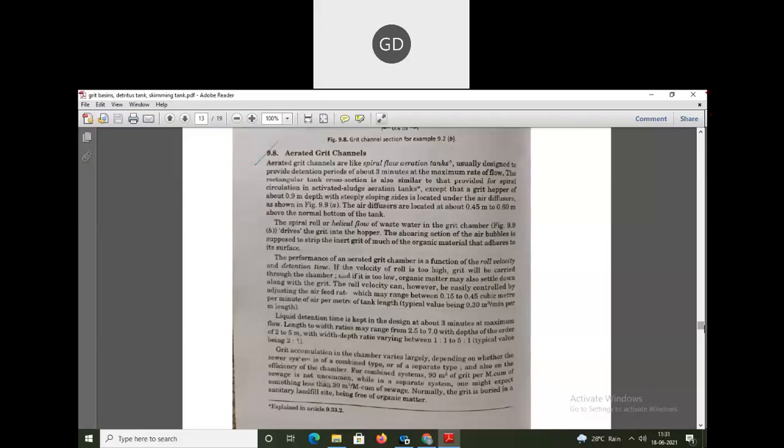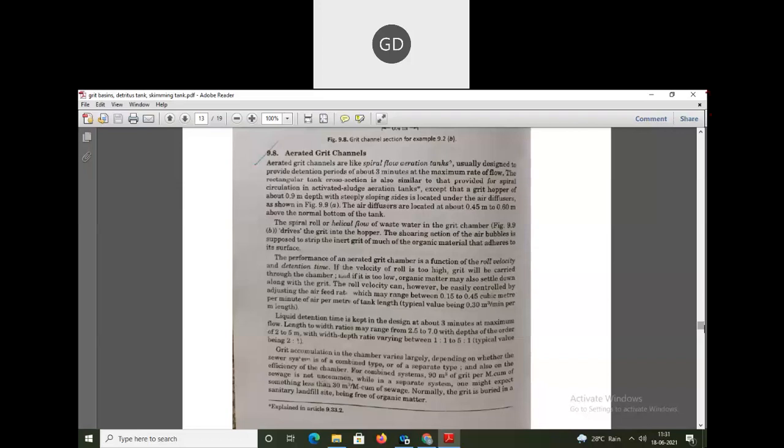If the velocity is low, the organic matter will settle down along with the grit. The roll velocity ranges between 0.15 to 0.45 meter per second. And again, the detention time, as I already told, for design purposes will be 3 minutes at the maximum flow.